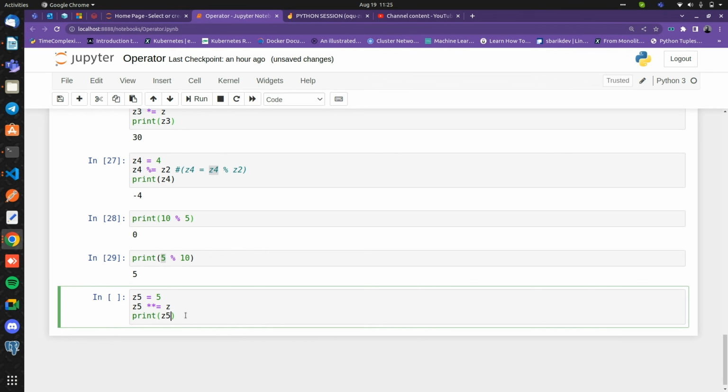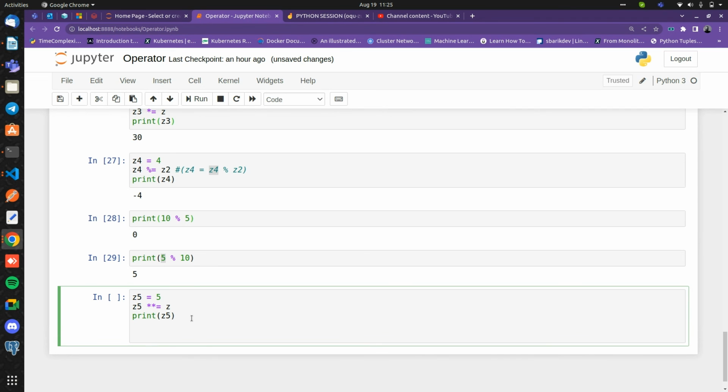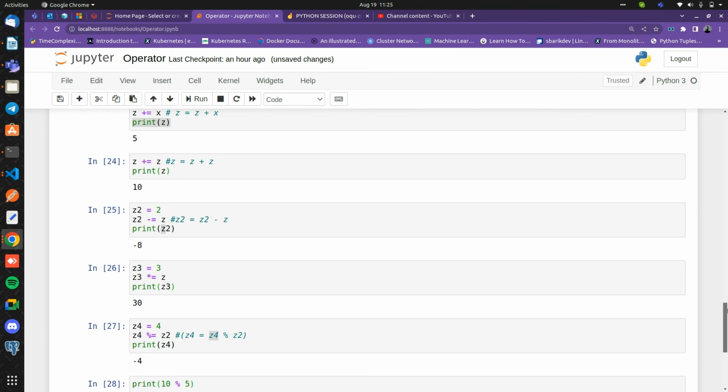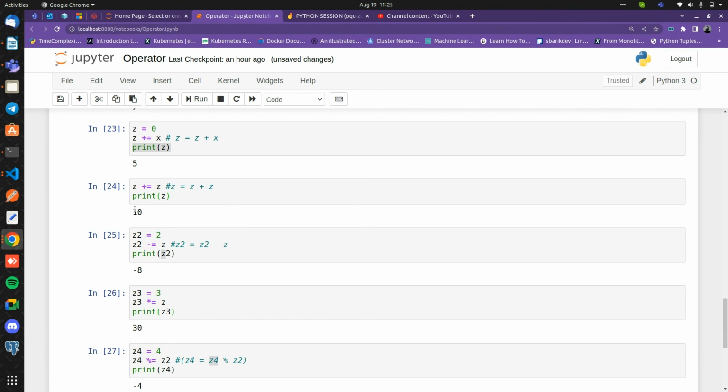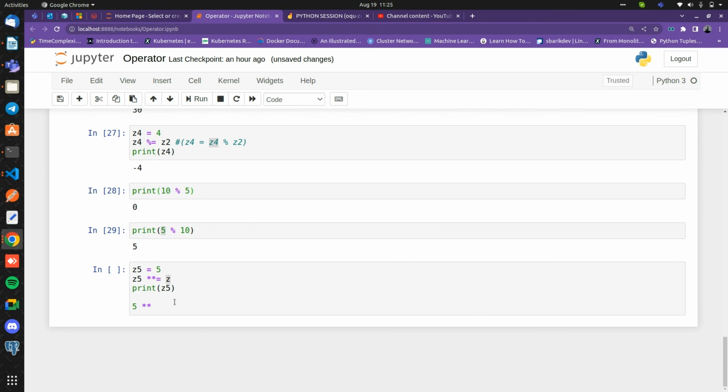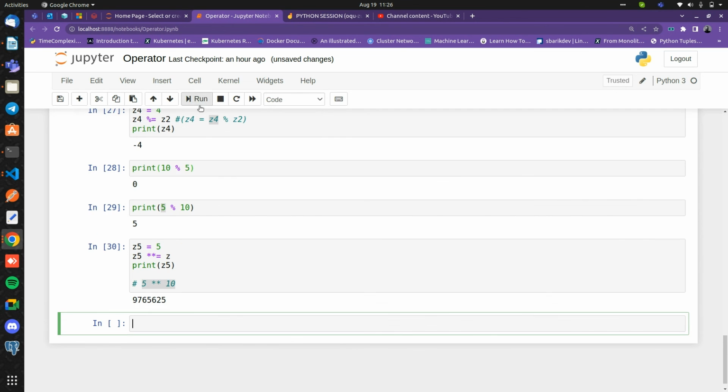Here the output will be 5 and then my Z value is here 10. It will give me 5 to the power of 10. If I print the output, it gives me the output as this much, this number.